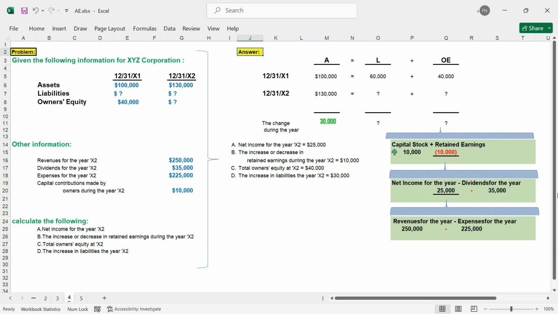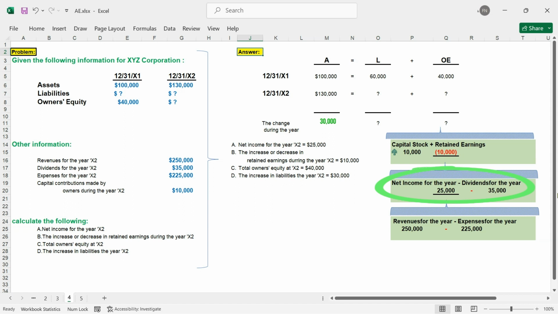Revenues minus expenses during the year X2, or the period of time, equals the net income for that period of time, by definition. The net income must have been $25,000. And if my earnings or net income for the year amounted to $25,000, and dividends paid out were $35,000, by the way, that kind of concerns me.